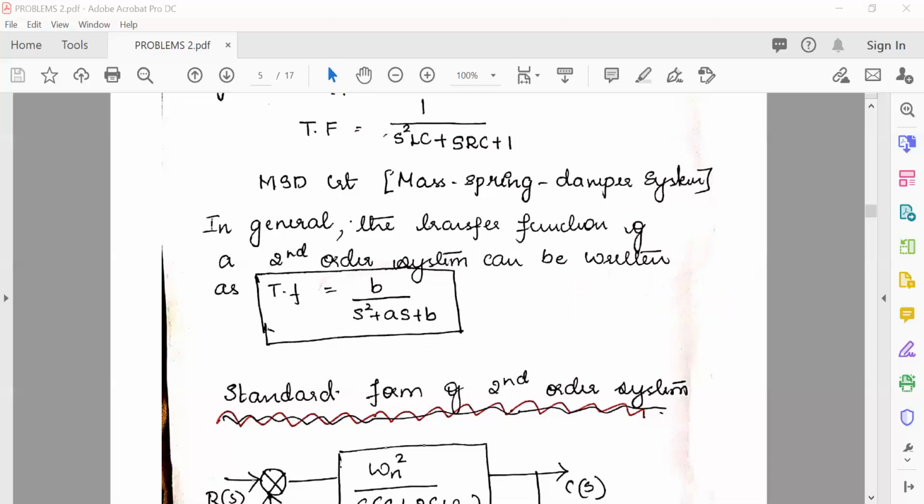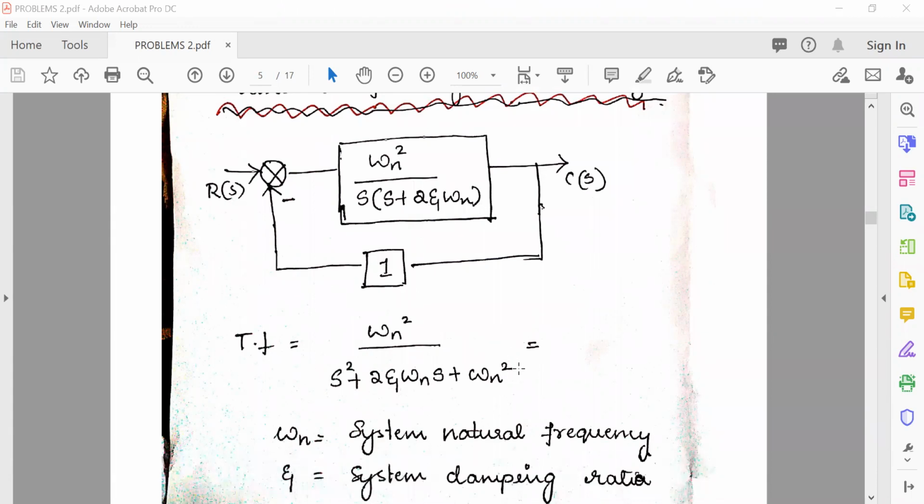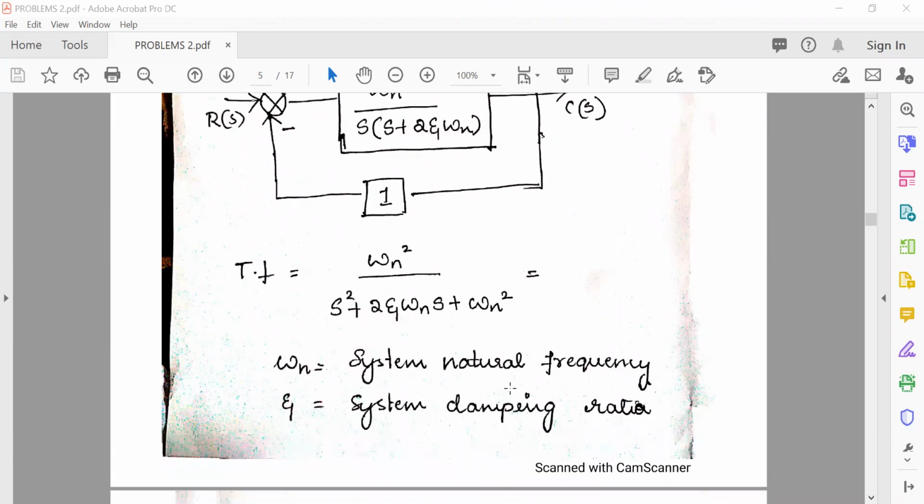Now the general block diagram for a second order system is this one with unity feedback: omega n square divided by S into S plus 2 zeta omega n. This will be the transfer function when you take G of S divided by 1 plus G of S into H of S. You get this expression, where omega n is the natural frequency and zeta is the damping ratio.